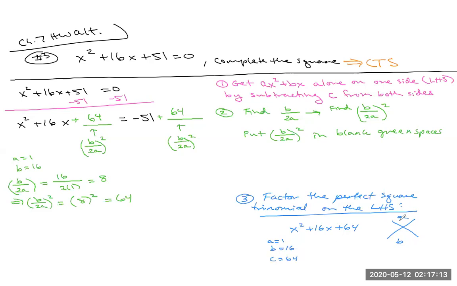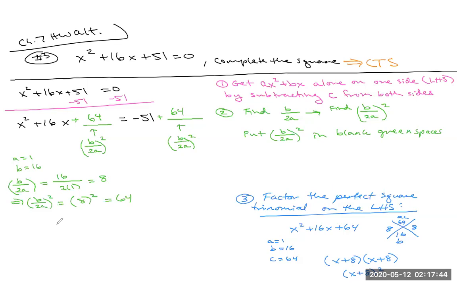We're looking for numbers that multiply to 64 and add to 16. So that's 8 and 8. And remember, we can skip grouping as long as the A value here is equal to 1. We would get x plus 8 times x plus 8, which is x plus 8 squared.